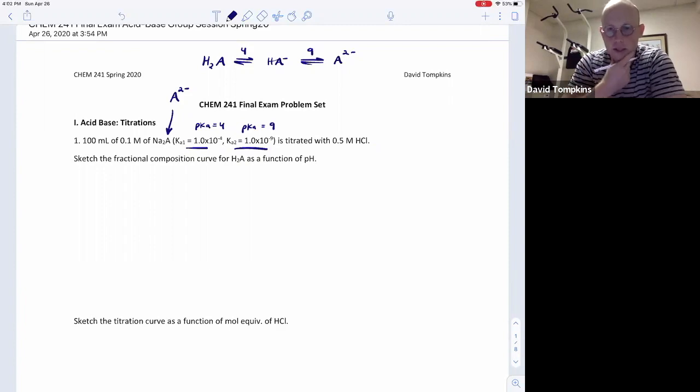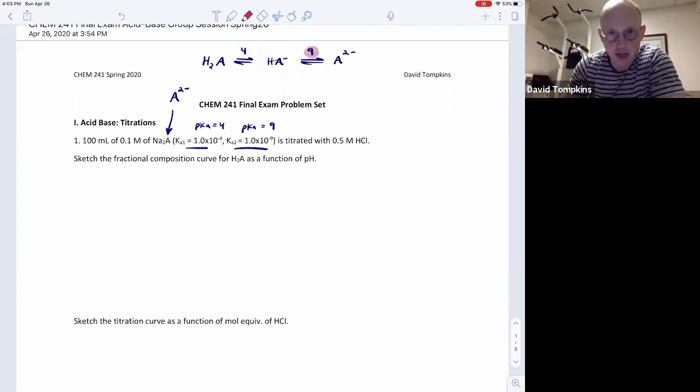And so now we can see that if the pH is below 4, major species is H2A. If the pH is exactly 4, then equal amounts of di and monoprotic acids are present. And if the pH is anywhere between 4 and 9, then the major species is HA minus.